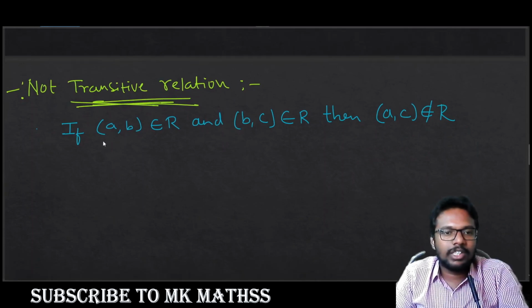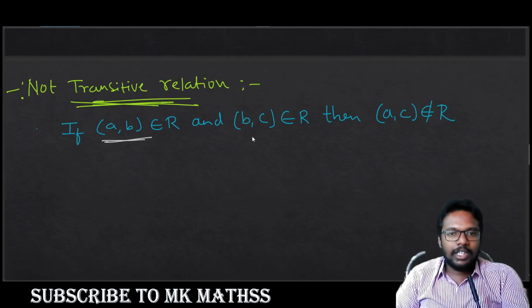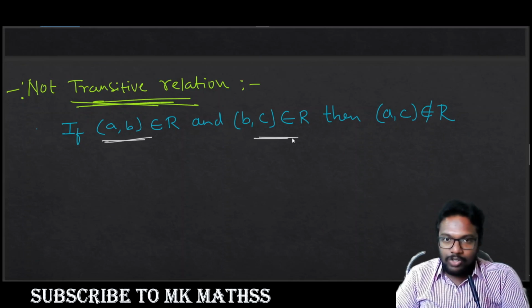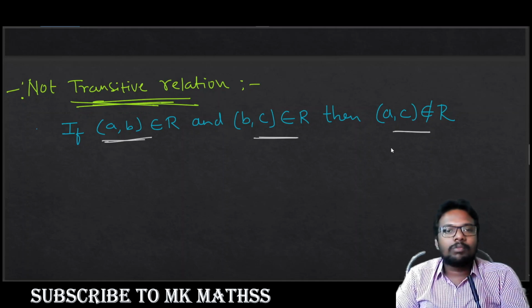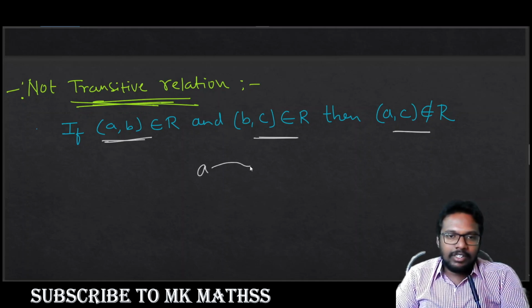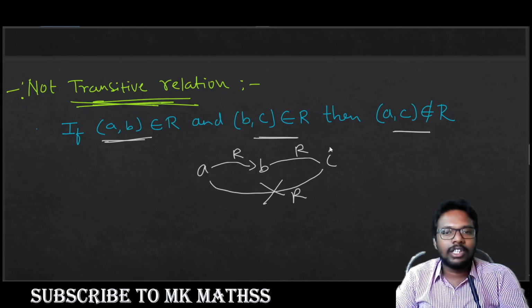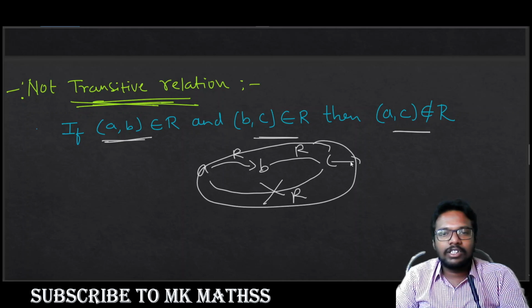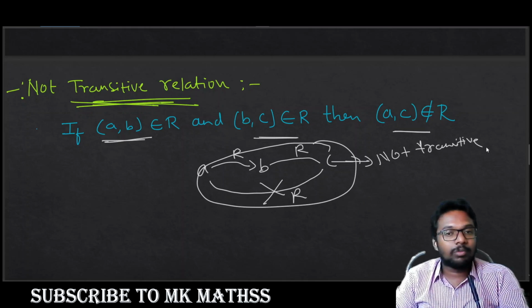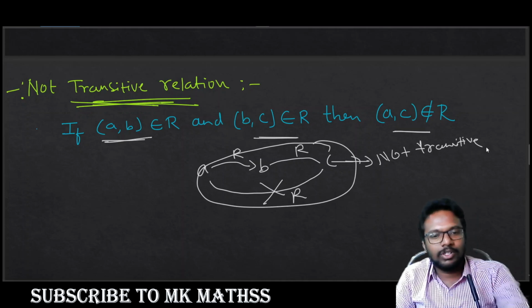Not transitive relation means here (A, B) belongs to R and (B, C) belongs to R, but (A, C) does not belong to R. A is related to B and B is related to C, but A is not related to C, then this relation is not transitive. Okay, I hope you understood the transitive and not transitive.